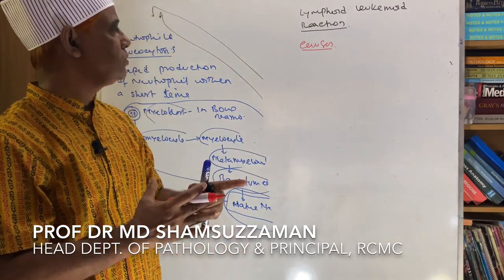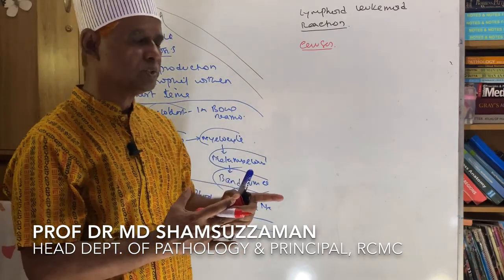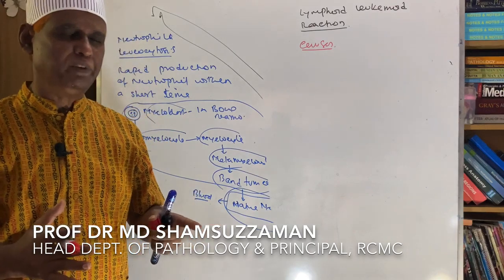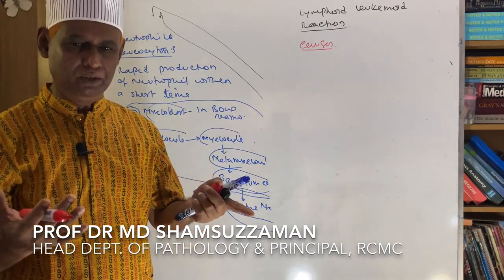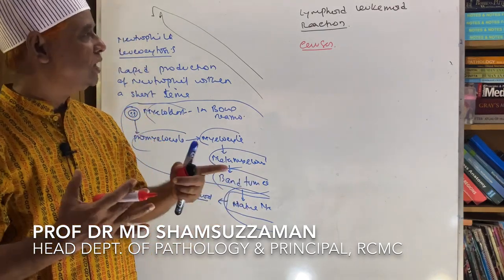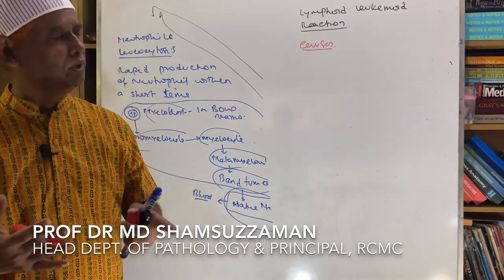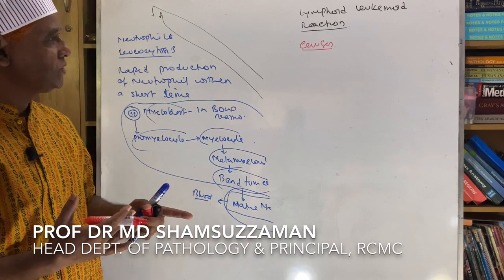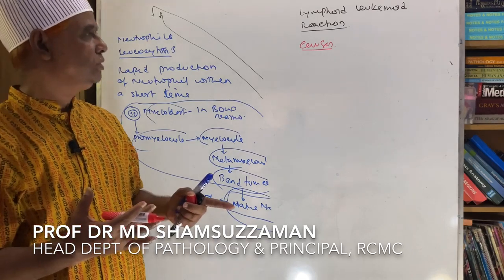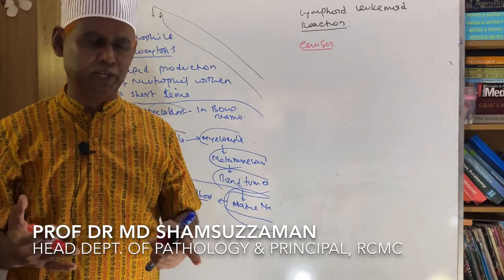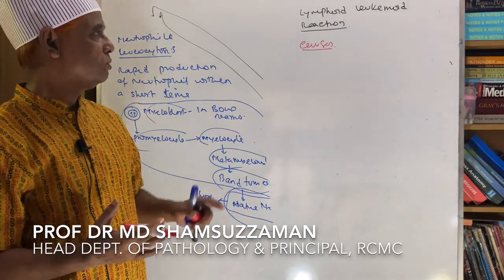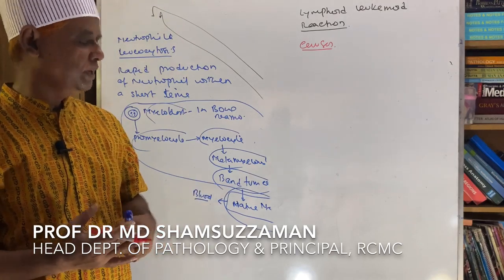The situations or diseases in which there will be rapid production of lymphocytes within a short time are the causes of lymphoid leukemoid reaction.